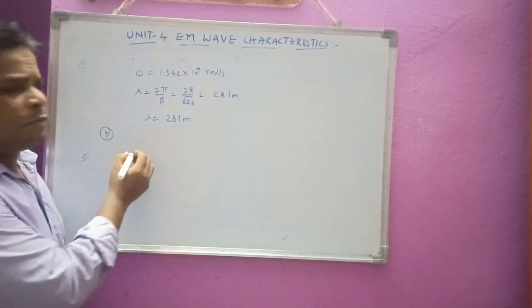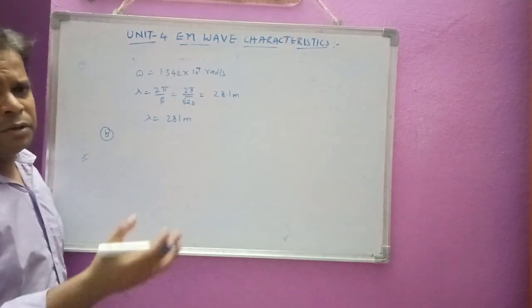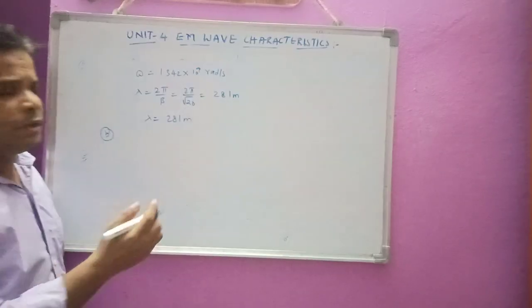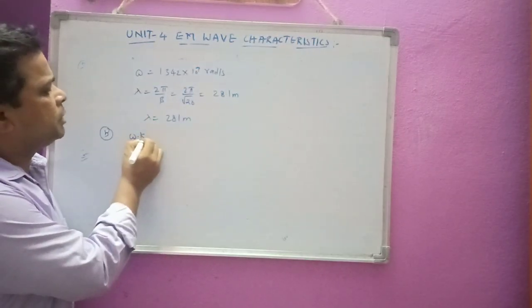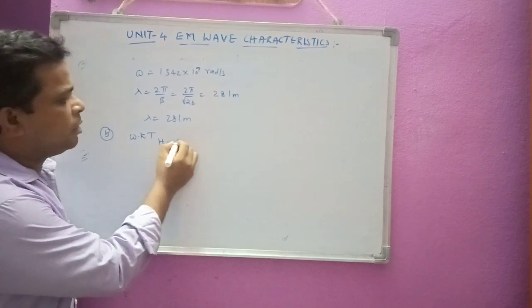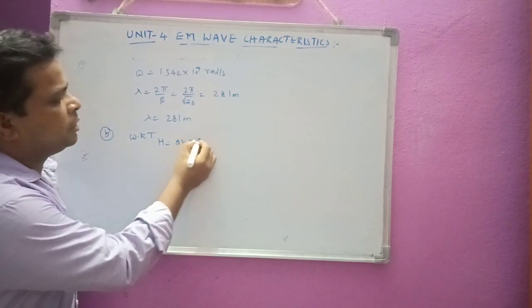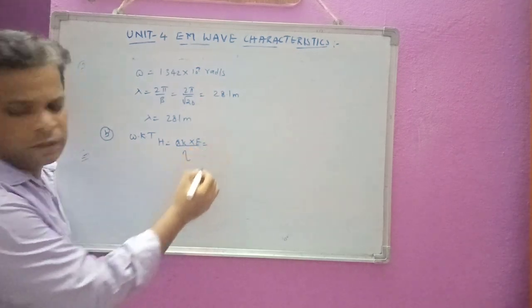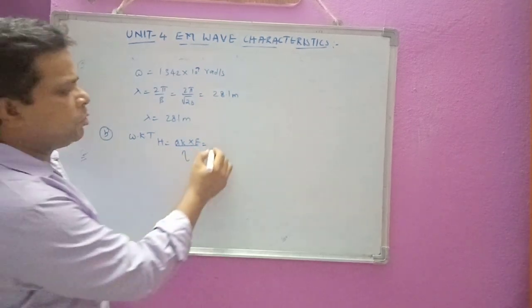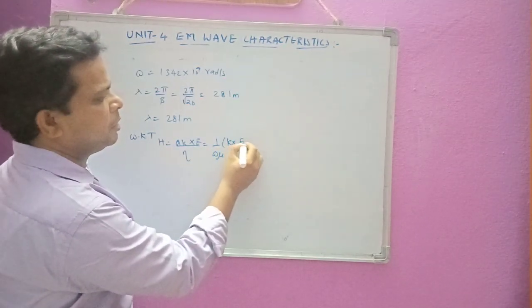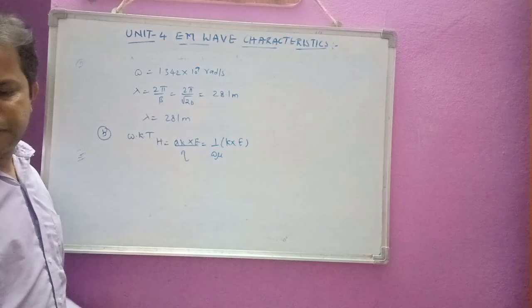Because he has given the electric field, we need to find how E is related to H. We have already derived this equation: H is equal to AK cross E by eta, or else we can write 1 by omega mu, K cross E. This is also the formula we can use here.